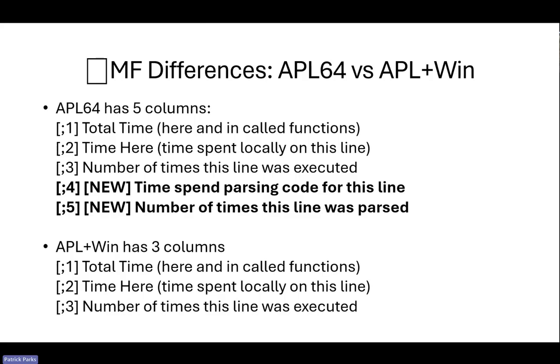The 4th column tells us how long was spent parsing this line, so how much of the execution time was due to parsing as opposed to actually calculating something. And the 5th element is how many times we parsed this line. Normally, a line will only be parsed once in the life of a function, but it's possible under special circumstances, and we'll get to those, that a line might be parsed multiple times.